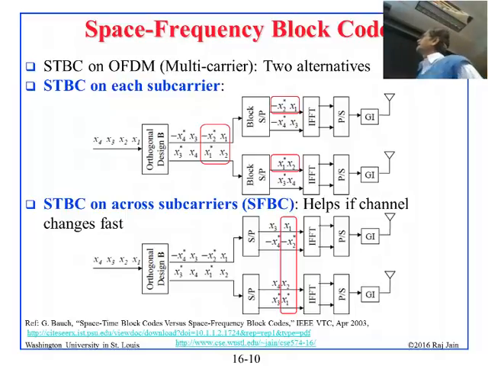That combination, X2 star, minus X2 star, X1 and X1 star, X2 is on 4 different carriers. Whereas here it is 1 here and 1 here, 2 carriers. This one is a little bit more mixed in. And this one helps if the channel changes fast. So basically, you don't have to wait till the second time slot to decode this. You can just decode it in the first time slot.